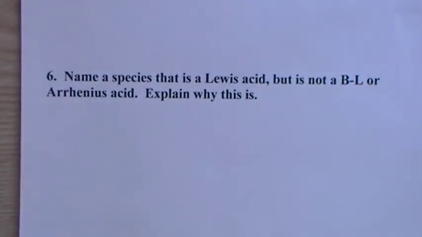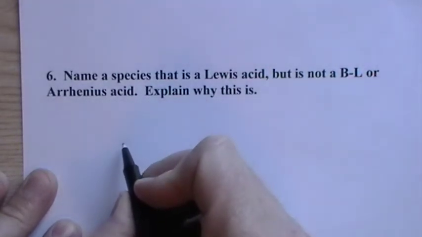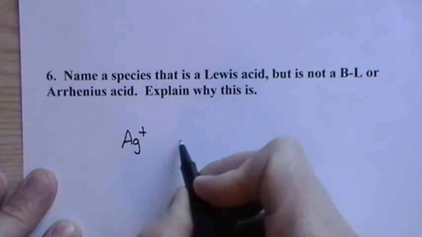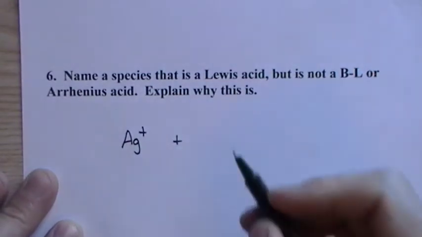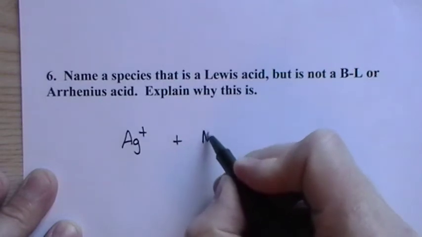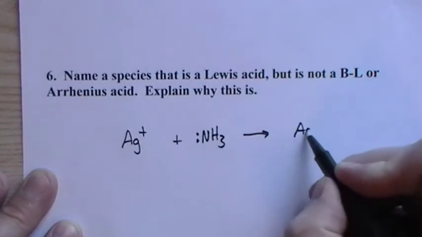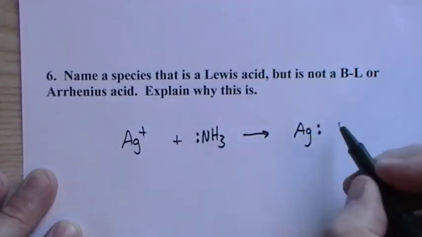Name a species that is a Lewis acid, but not a Bronsted-Lowry or Arrhenius acid. So a Lewis acid is a species that can form a covalent bond by accepting an electron pair. So we have something like silver ion plus ammonia with a lone pair, which can go to what we call a coordinate covalent complex.